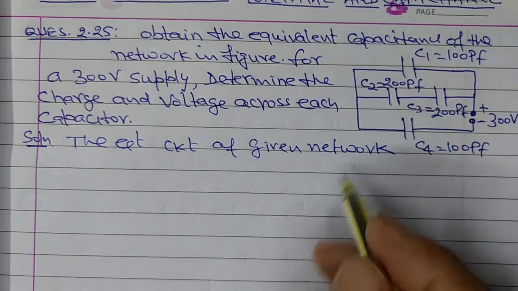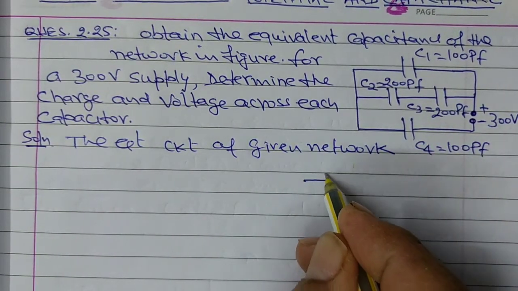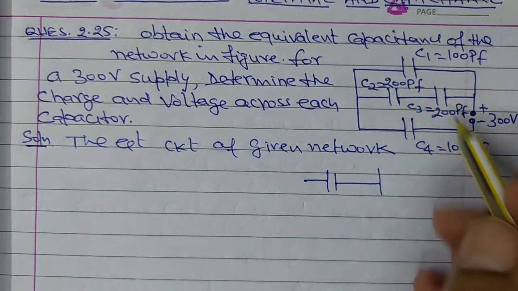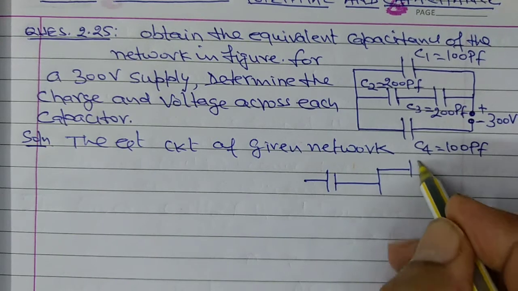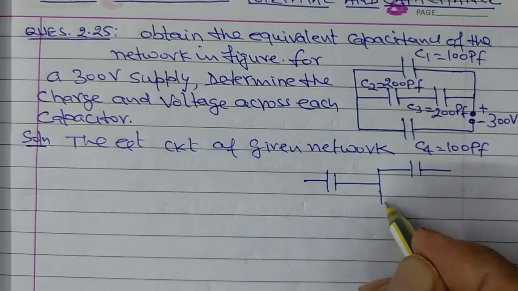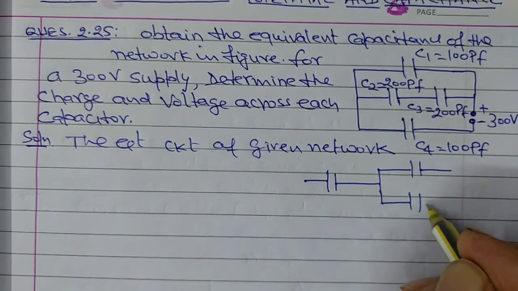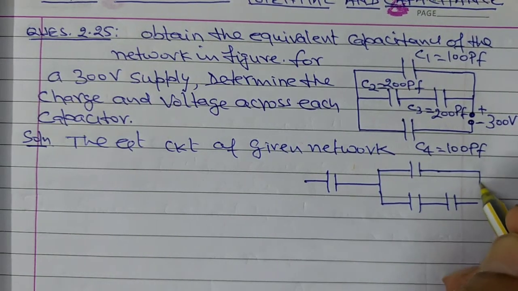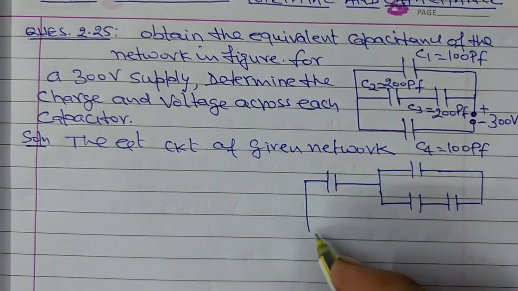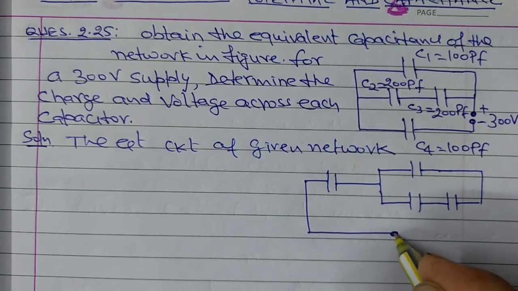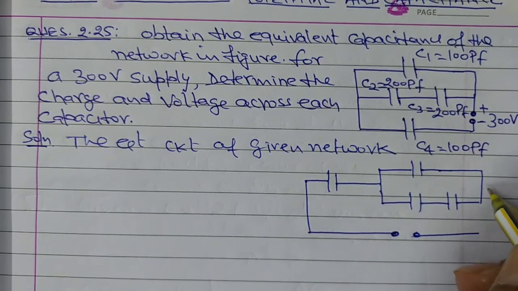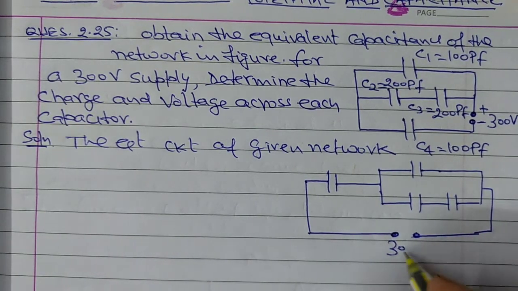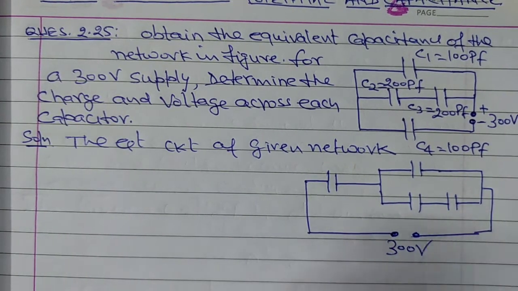This capacitor C4 is here, and here C1, and this here C2 and C3, and this 300 volt supply. This is the equivalent circuit of the given network.